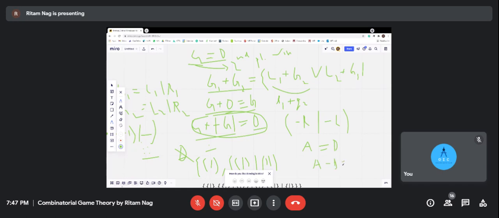This is the definition of equality for non-zero games. A equals B is defined as A minus B equals 0. This is sort of why I wanted to define the negative of a game.